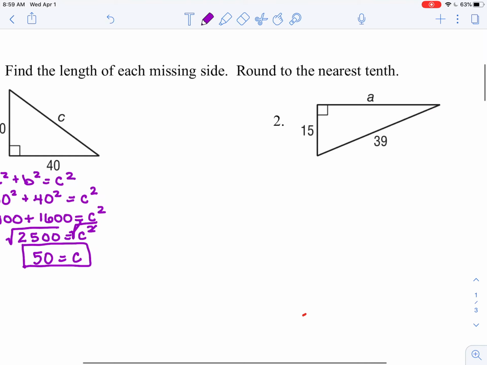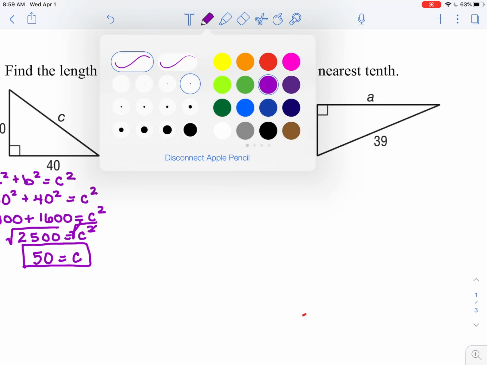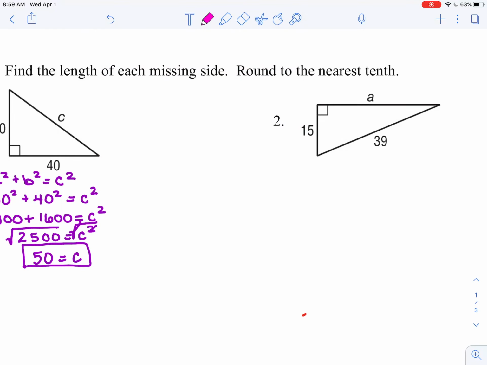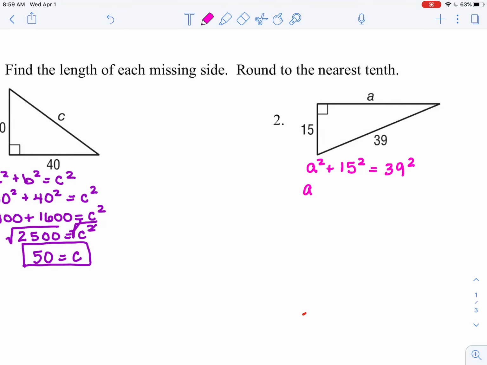Question number 2, again we have a right triangle. This time we're missing one of the legs. So when we fill in Pythagorean theorem, let's say a squared plus the other leg, which is 15 squared, equals our hypotenuse, 39 squared. Again, simplify each number.